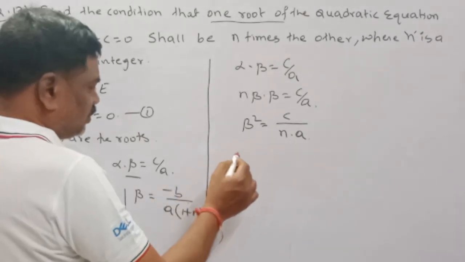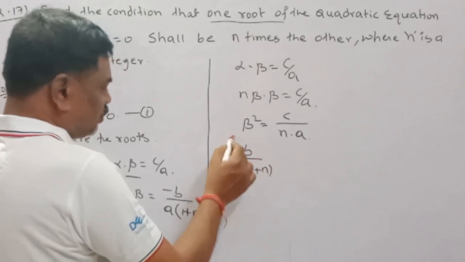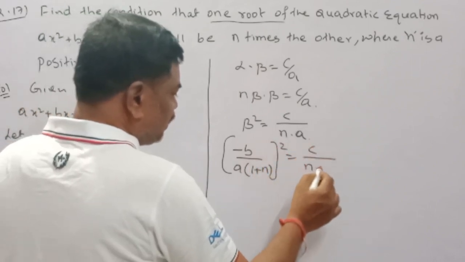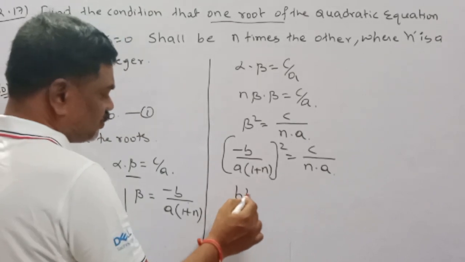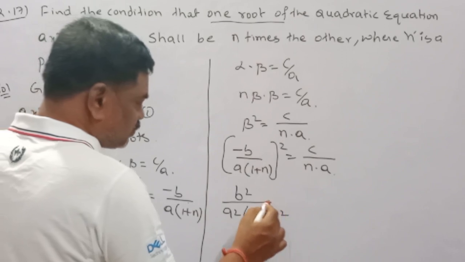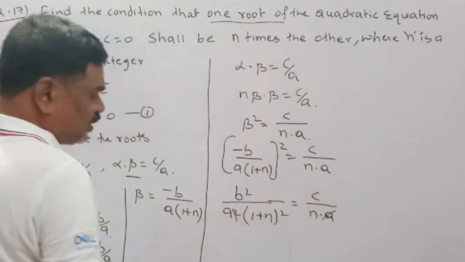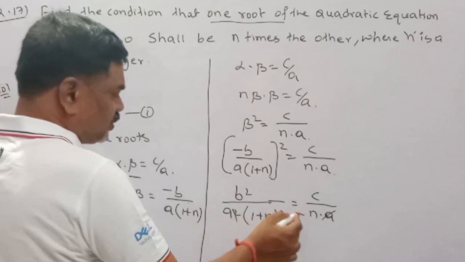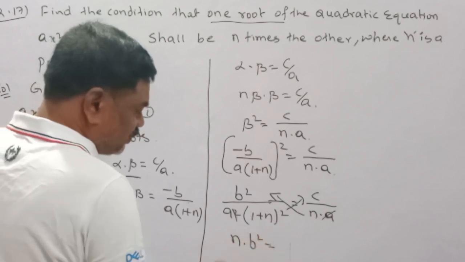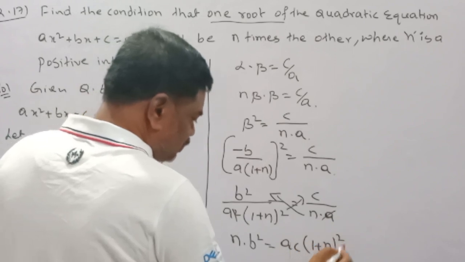So beta square, b square by a square of 1 plus n whole square, is equal to c by n into a. A cancels. Then by cross multiplication, this can be written as n into b square is equal to ac into 1 plus n whole square.